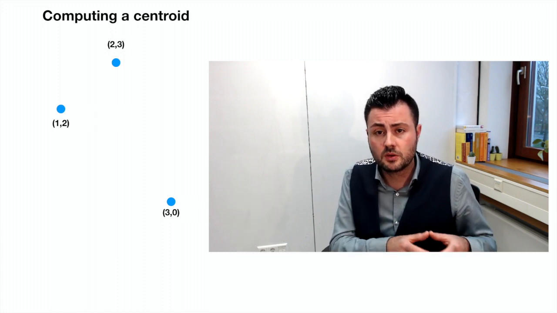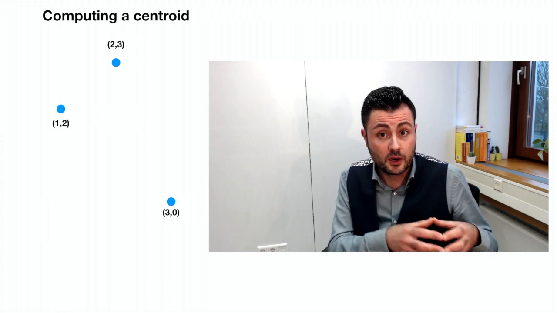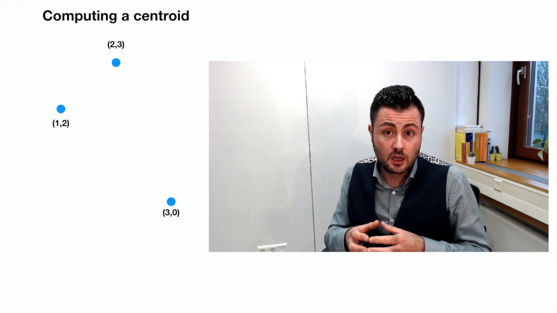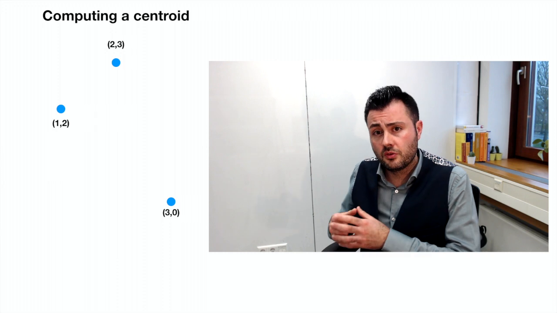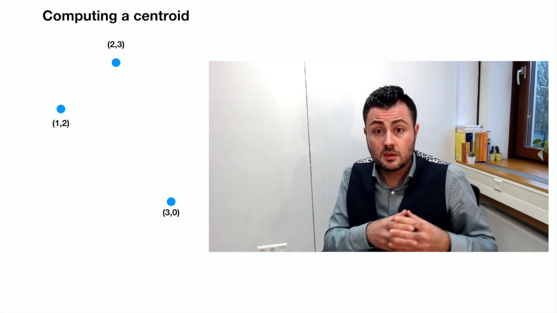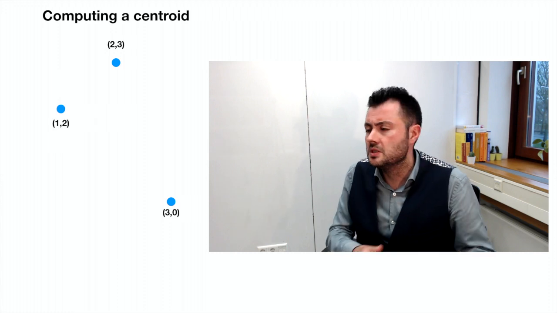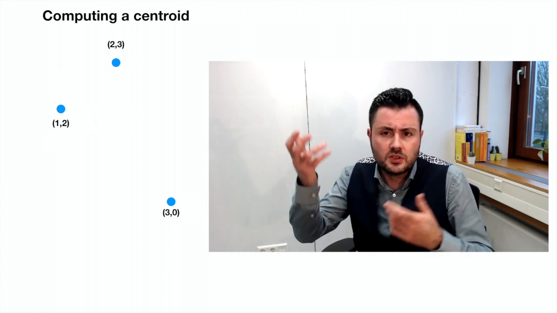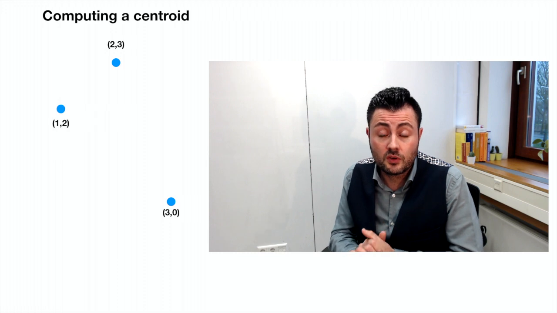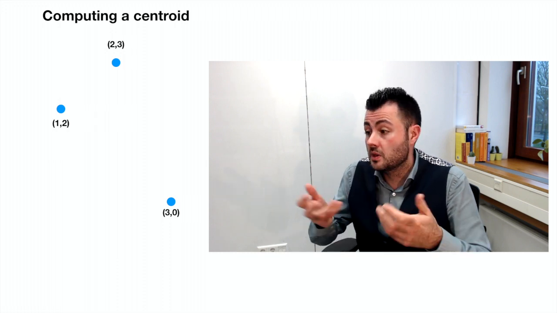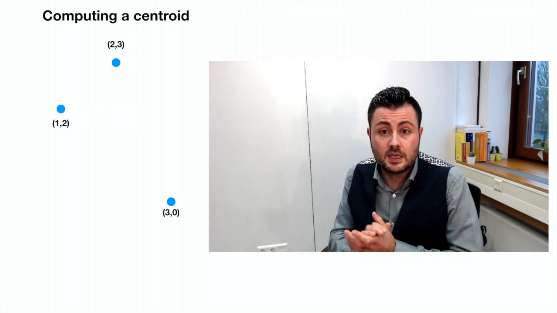The first customer is represented by the couple 1, 2, the second customer by the couple 2, 3, and the third customer by the coordinates 3, 0. Now imagine that the first feature is a measure of wealth and the second feature is a measure of, I don't know, some categorical variable representing a characteristic of the customer. Now we have these three observations and we are interested in computing the centroid.